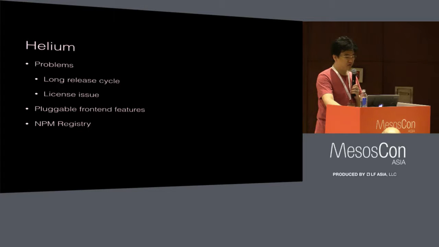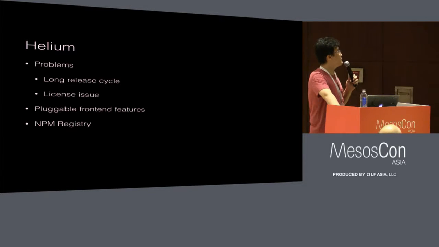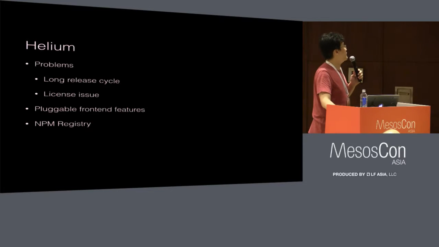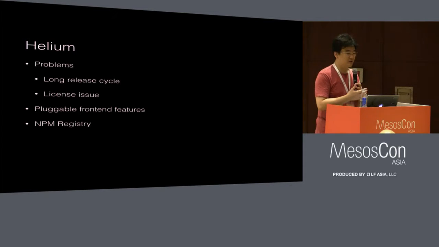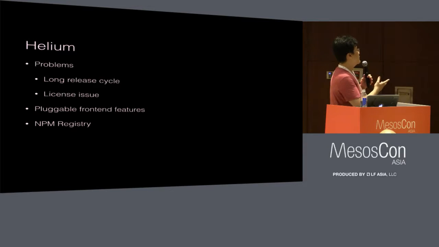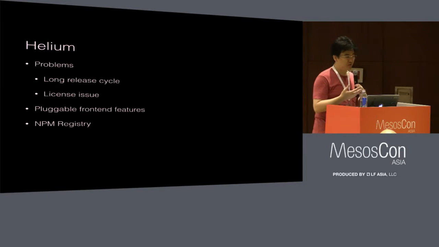Yeah, the second part is Helium. Helium is a newly introduced feature from 0.8, to overcome the problem as I mentioned. Zeppelin is an open source project and it has a long release cycle, but currently at a production level, this long release cycle is too hard to maintain or fix bugs.